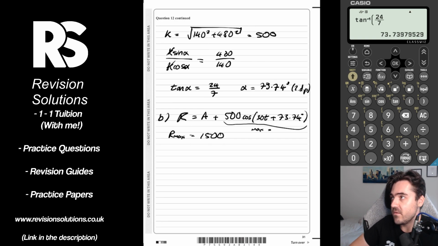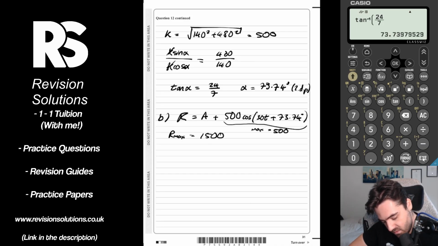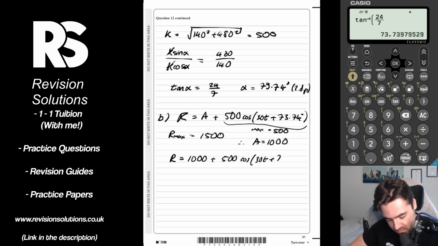Then if we multiply by 500, it would go between 500 and -500. So the maximum of that is 500. So therefore, a must be 1,000 to finish that off. So our model is now R is 1,000 plus 500 cos(30t plus 73.74 degrees).